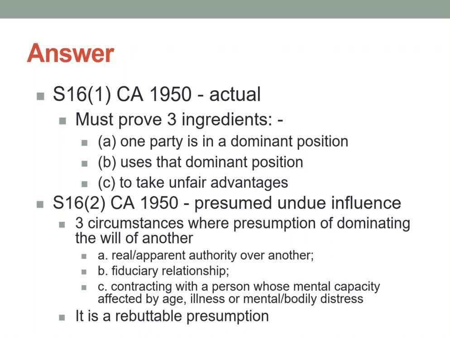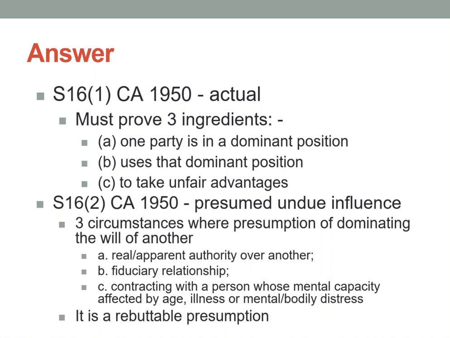according to section 16, subsection 1, if you want to sue somebody for undue influence, you must prove 3 elements. Number 1, there was somebody of dominant position. That person used his dominant position to take unfair advantage of you. You need to prove these 3 elements.